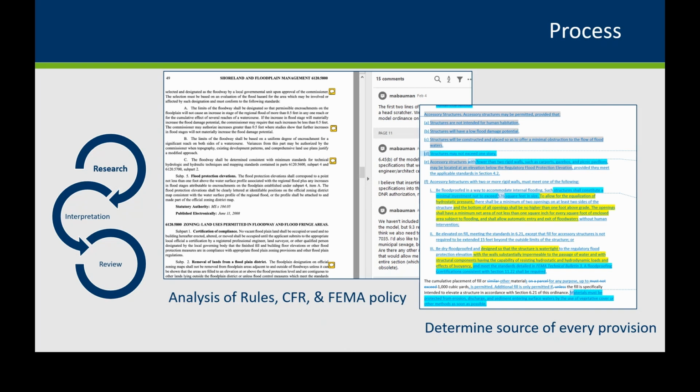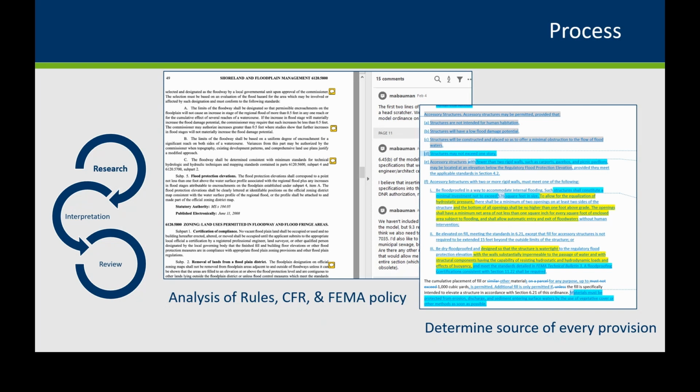And if it doesn't make sense to her, we can be assured that it's not going to make sense to zoning administrators out there at the local level. So her input was very helpful as well. We met once or twice a week for well over a year, and these were intense meetings where we were really digging into the rules hard.